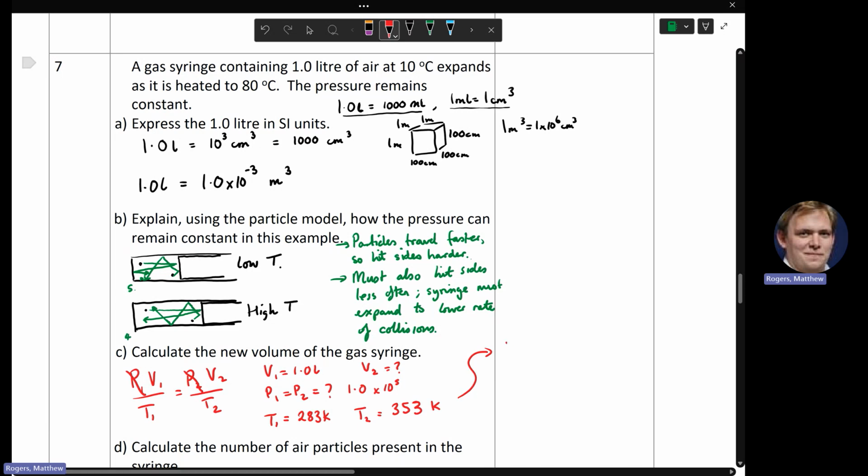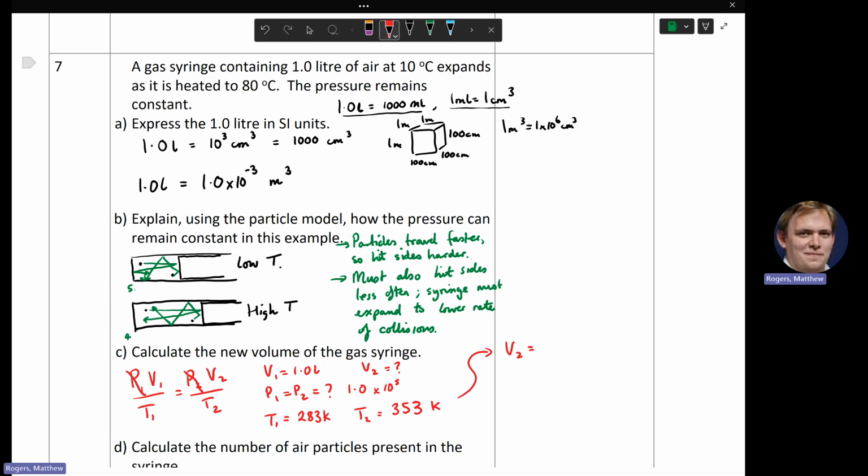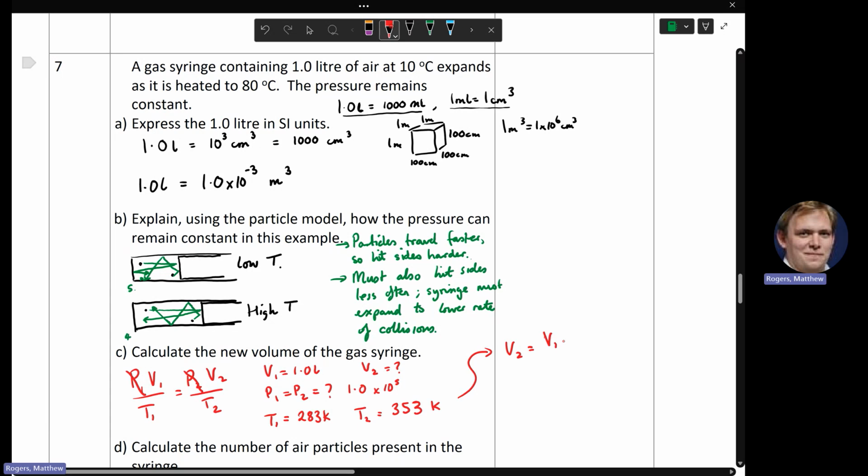Running out of space, I'm just going to come up here to the side. So I want to find V2. V2 is equal to V1 T2 over T1. So that's 1.0 times 353 divided by 283.